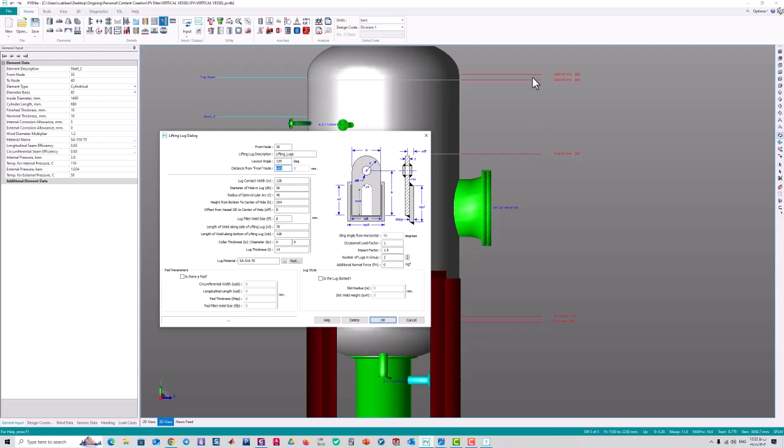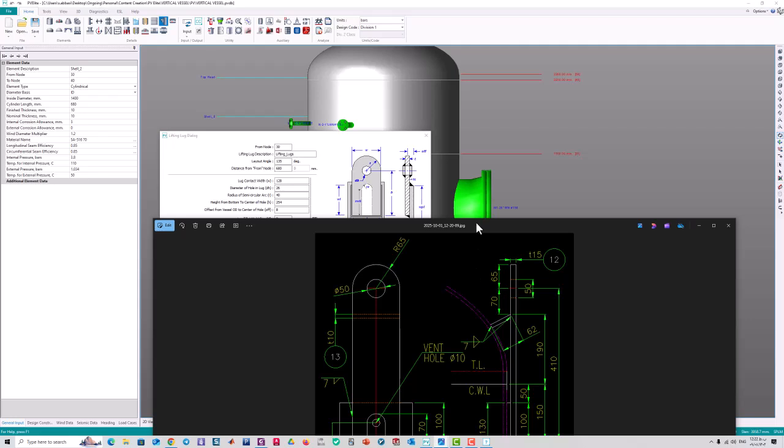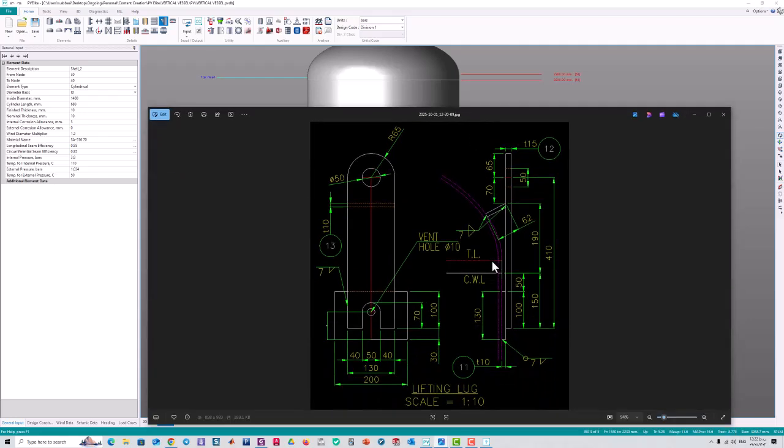And the distance from this node 30 shall be calculated in accordance to this image. 680 is from the node up to the circumferential welding line.